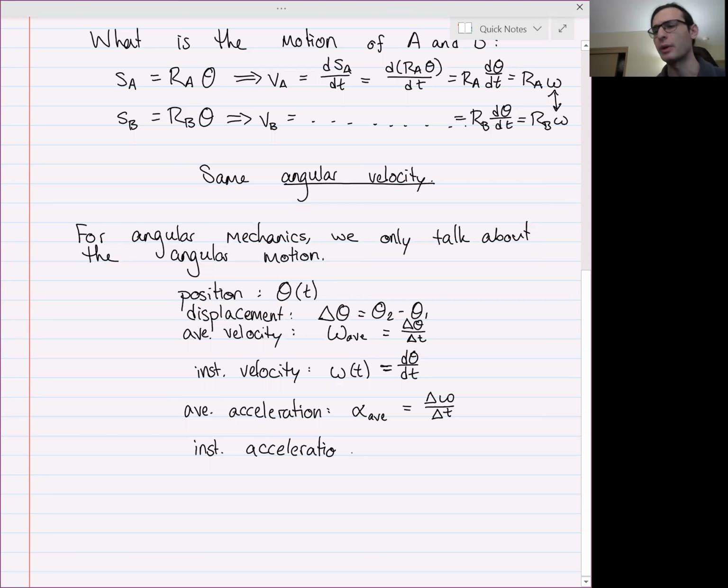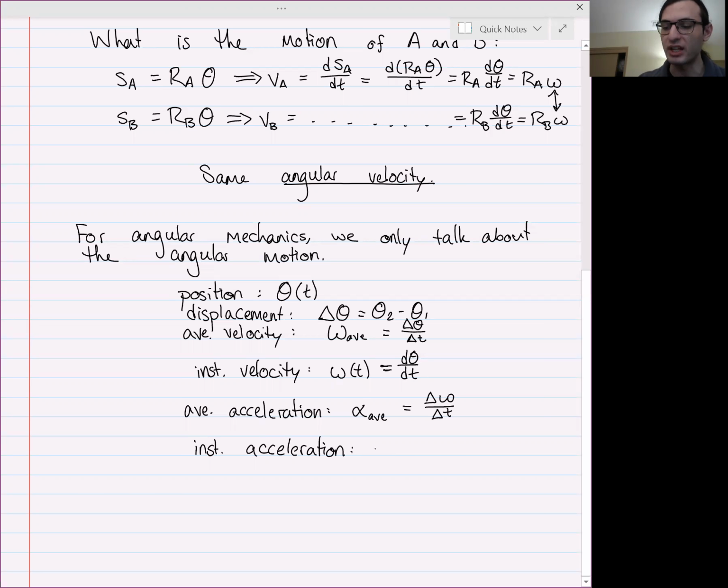And the reason we use Greek letters for rotation is just because it helps us, or at least it helps me, and hopefully it'll help you, keep the different types of motion separate, because there's translational motion, which uses Latin letters, and then there's rotational motion, which uses Greek letters. Hopefully that'll help.